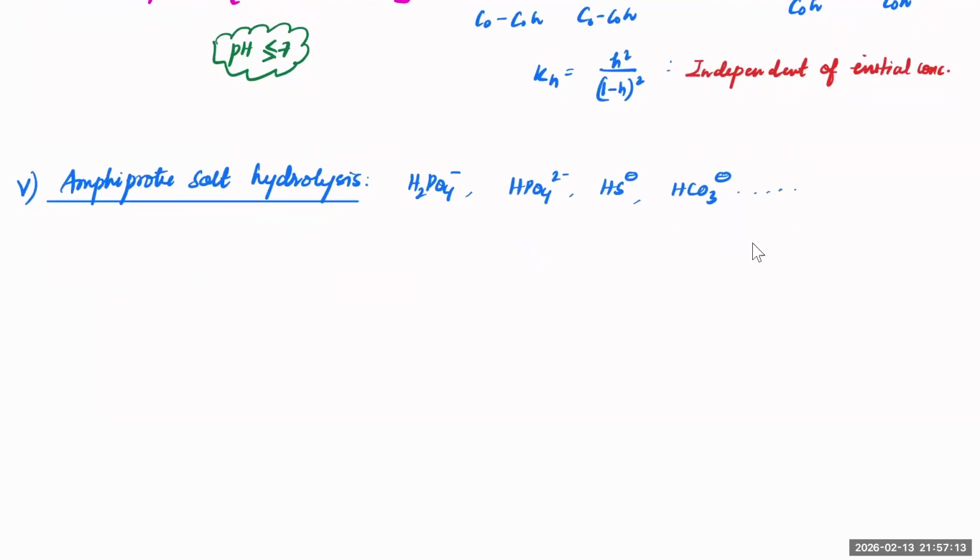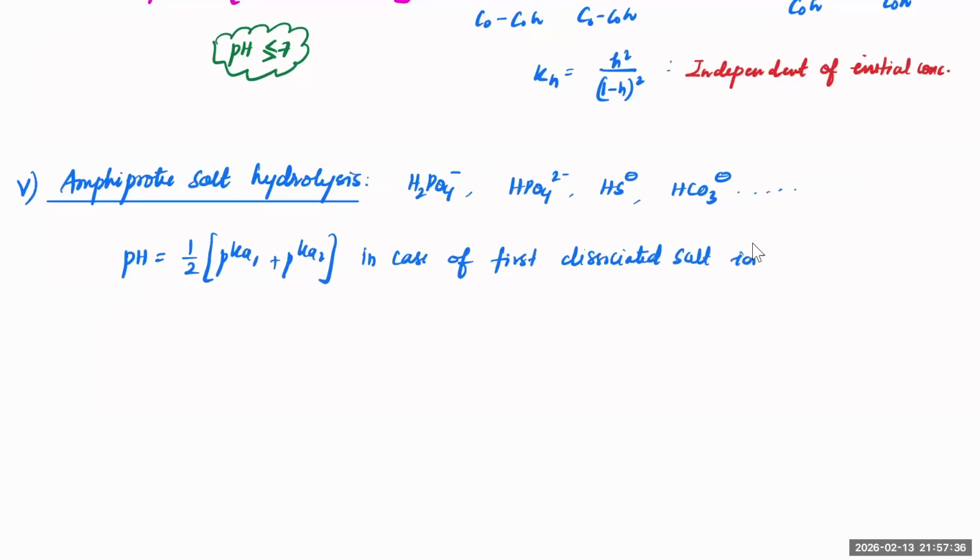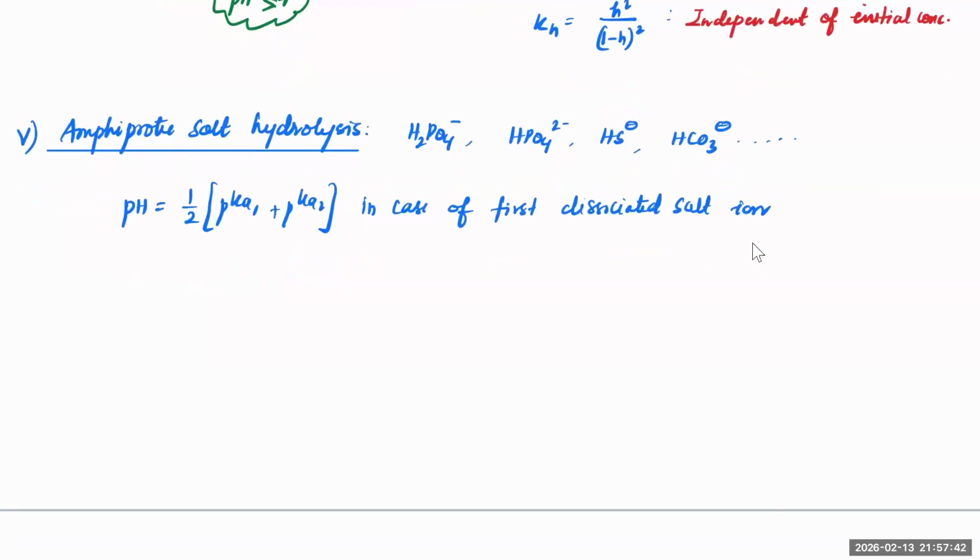For these kinds of amphiprotic salts, the pH value always depends upon half of pKa1 plus pKa2, in the case of the first dissociated salt ion. That means the first H plus has been released, then the salt ion has been formed, and this formula applies. Or for example, if you have HPO4 2 minus, in that case pH will be equal to half of pKa2 plus pKa3.